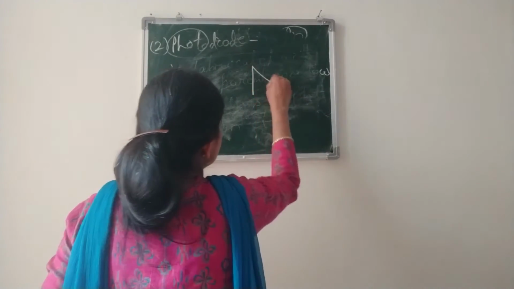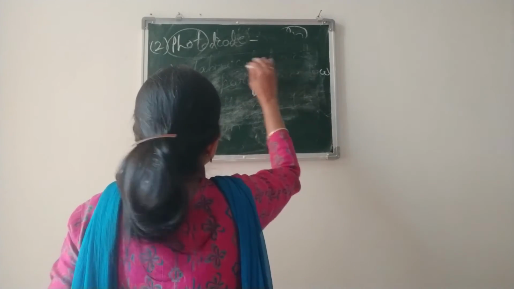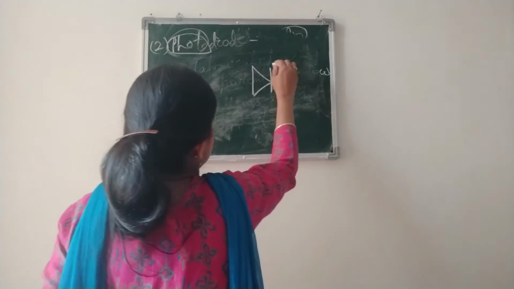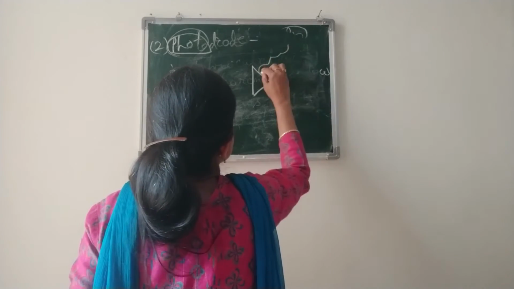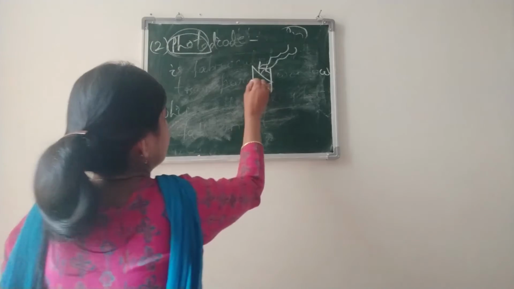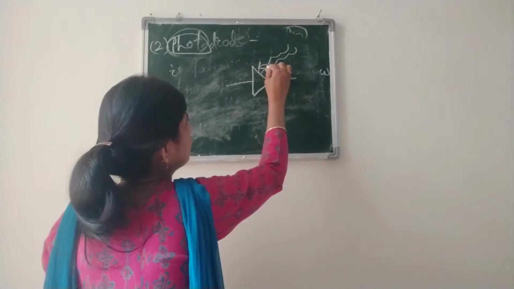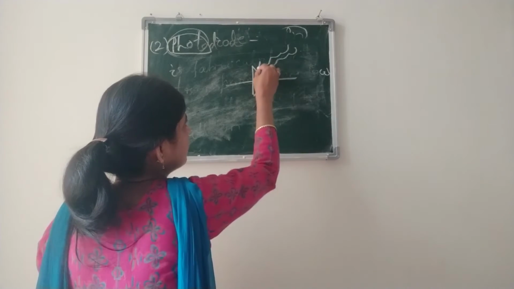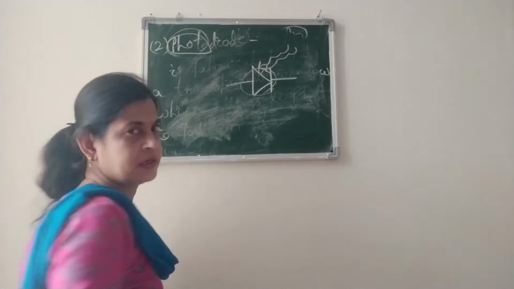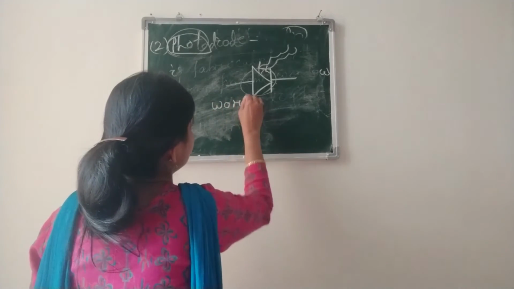This is also a specially designed PN junction diode, but this is named the photodiode. It means light falls on this PN junction diode. So, how does it work?